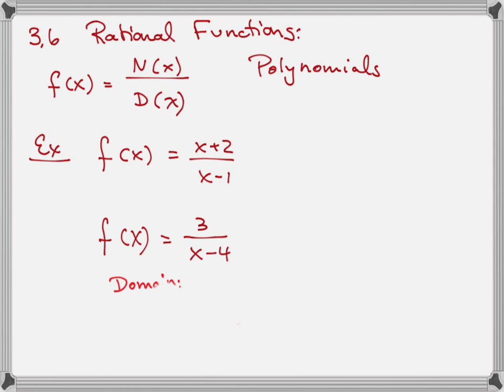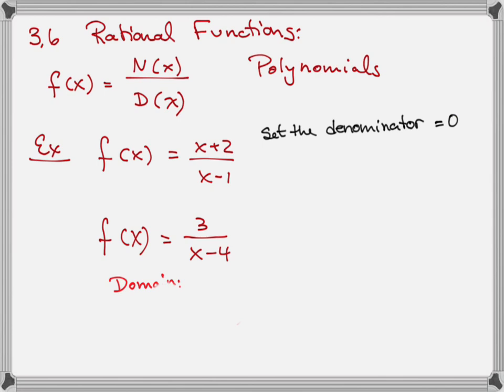We kind of talked about these already, like x plus 2 over x minus 1. What is the domain here? How do we find the domain of rational functions? We've done this already. You had a test on that. You said the denominator, and you are right: D of x, the denominator, equal to 0.